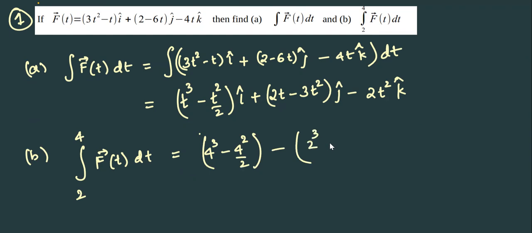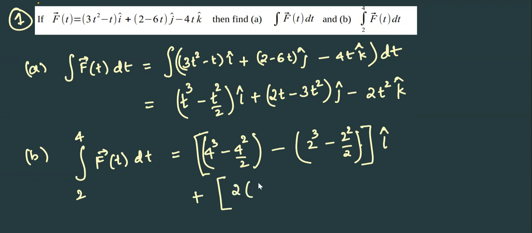If you do, we get easy solutions. Then 2t, we get 2 into upper limit minus the lower limit. Okay, minus 3 into upper limit square minus lower limit square.